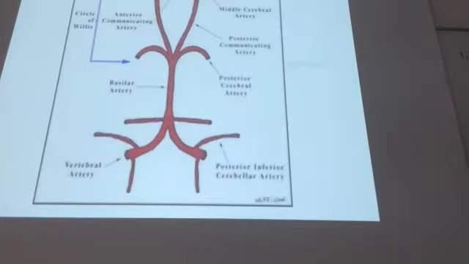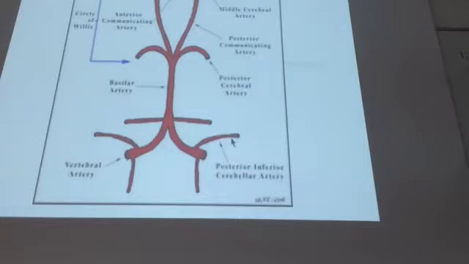And what are these arteries coming off right where the basilar artery is? Okay. And then what are these arteries over here? Okay. And do you guys know what part of the brainstem these actually supply? The name kind of gives it away, but the posterior inferior cerebellar artery, where does that supply?